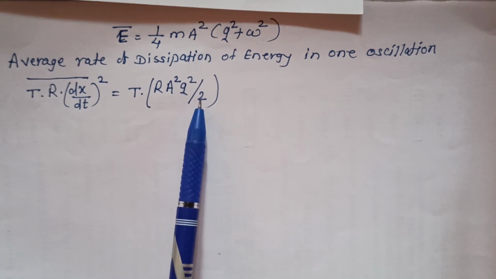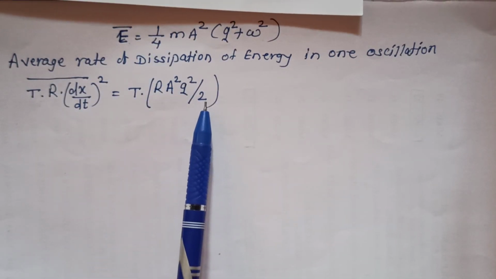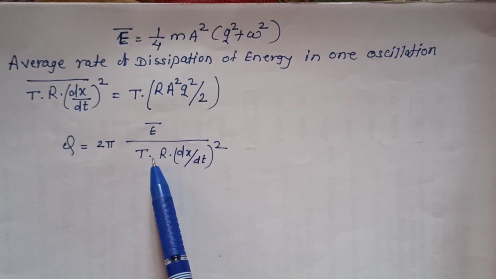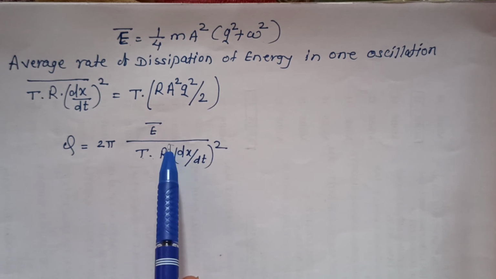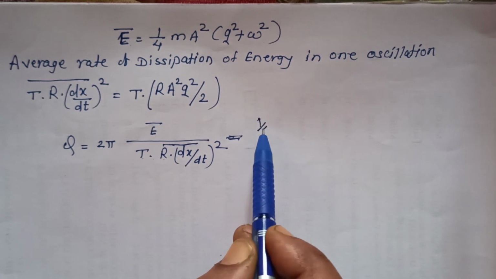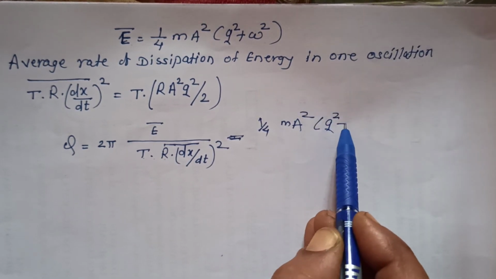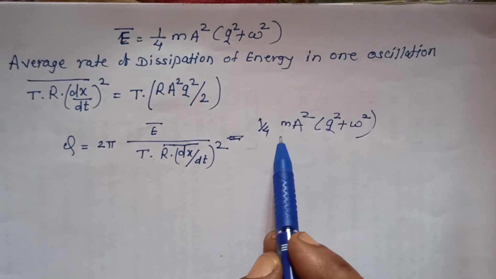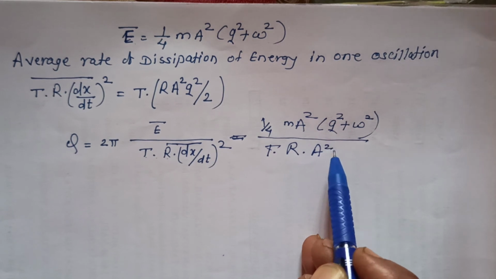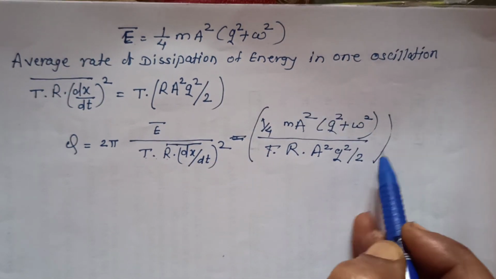Put this value of rate of dissipation of energy and average energy into the quality factor, then we get Q is equal to 2 pi times E bar divided by T into R into (dx/dt)^2 its average, that is equal to the value of E, that is 1/4 m a^2 (q^2 + omega^2), whole divided by T into R a^2 q^2 upon 2, multiplied by 2 pi.